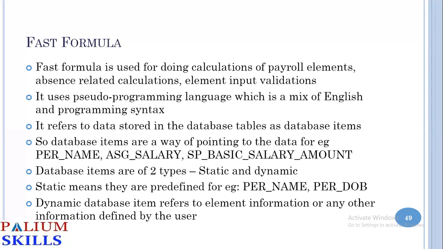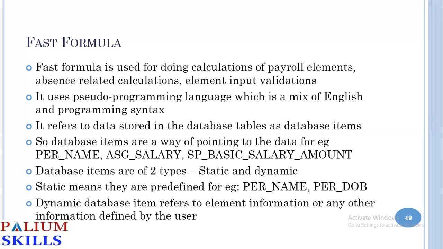So database items are of two types. One is static, and one is dynamic. Static is where the names are defined by default by Oracle and you cannot change them. These names are predefined and come with the system. Dynamic ones are defined as and when you define the items in the system.